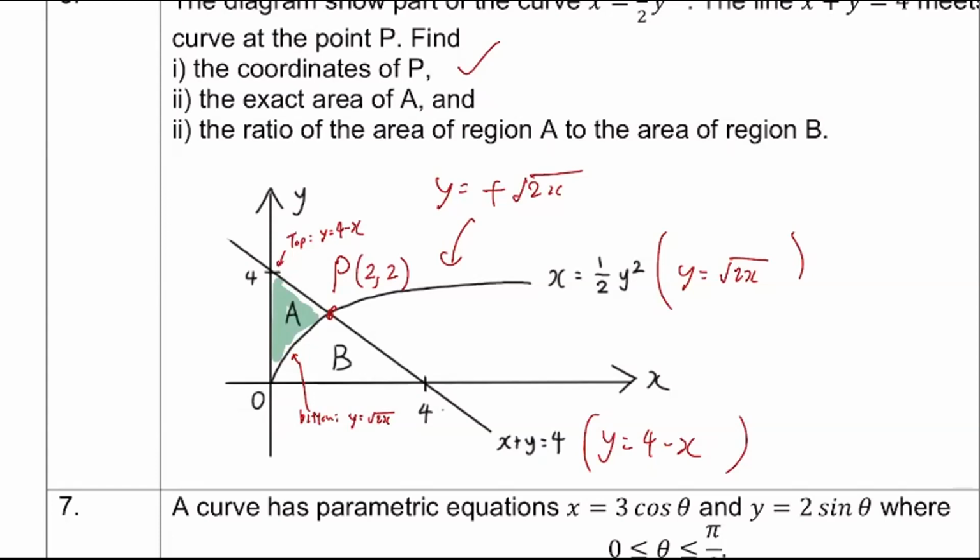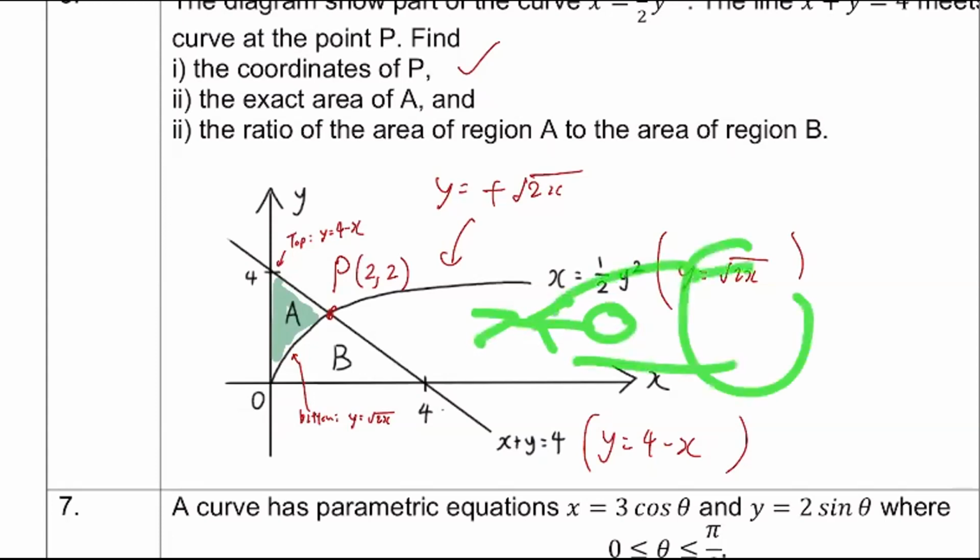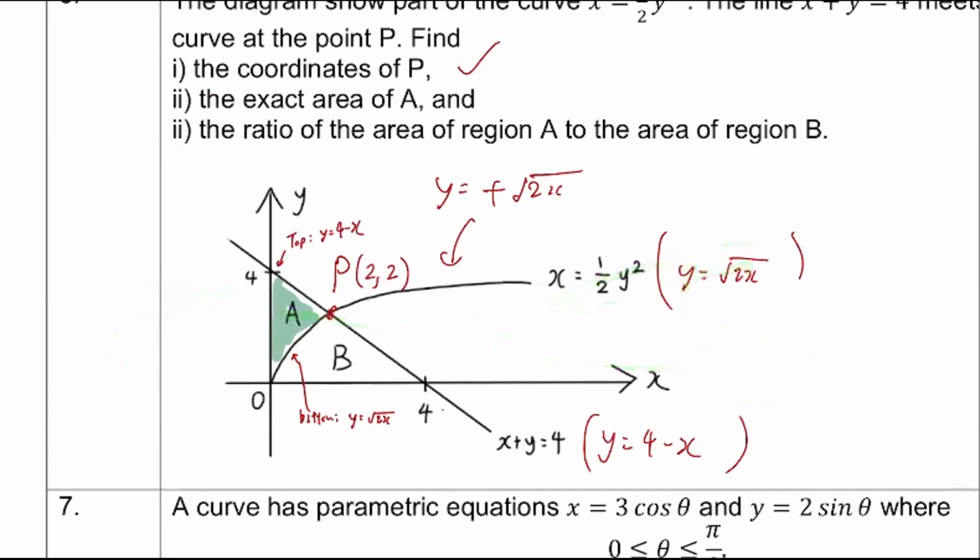But the point of this question is actually for you to use the y-axis instead. Do you know why? No. Okay, the reason is, if you think about it, parachutist is here. Gravity is going downwards in this direction. With respect to the y-axis, if you want to find region A, you just need to add these two areas.